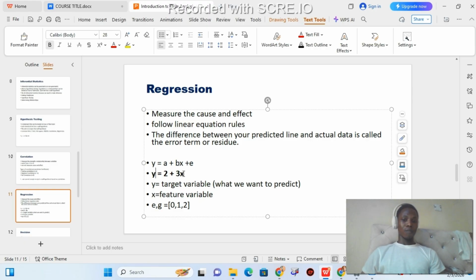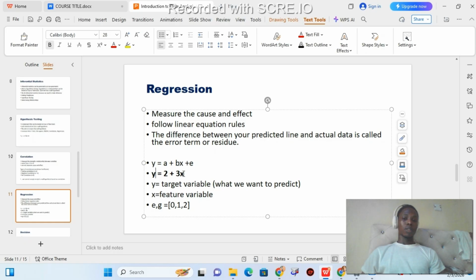If the coefficient in front of x is minus 3 and not plus 3, that means x is contributing negatively to y, because minus 3 times 1 is minus 3, and 2 minus 3 is minus 1, so that is a negative effect on y.